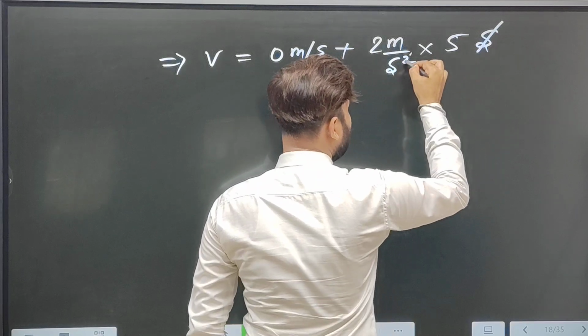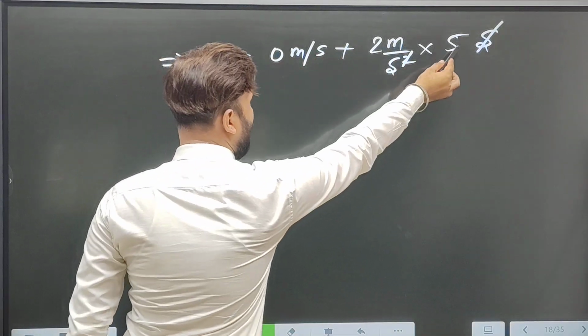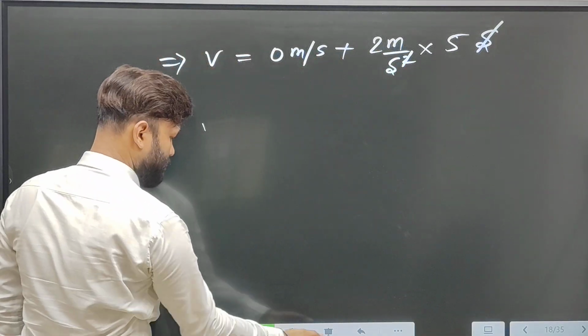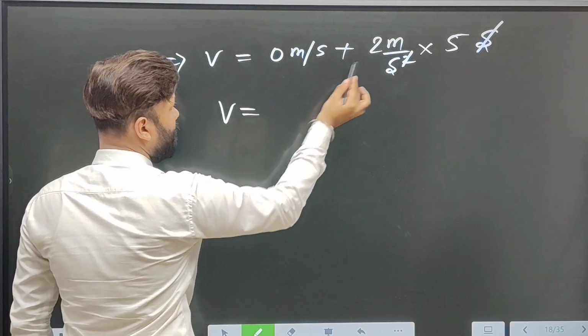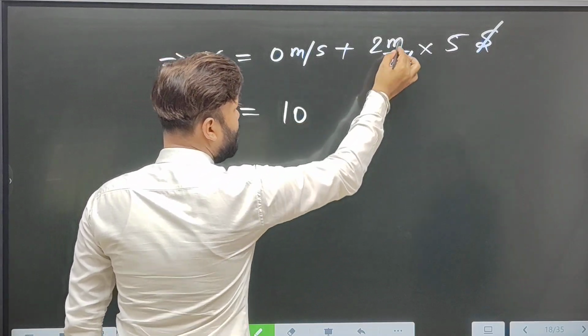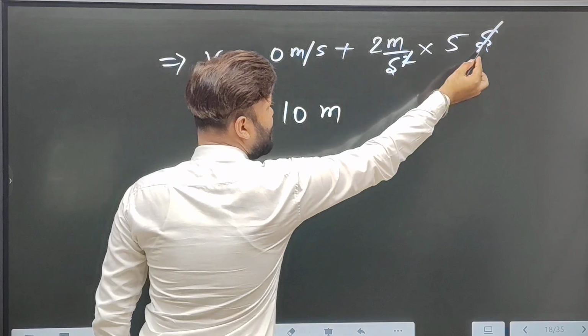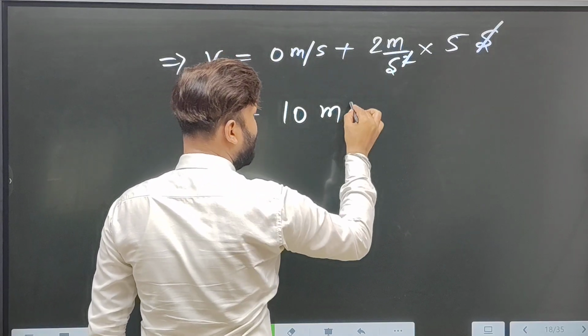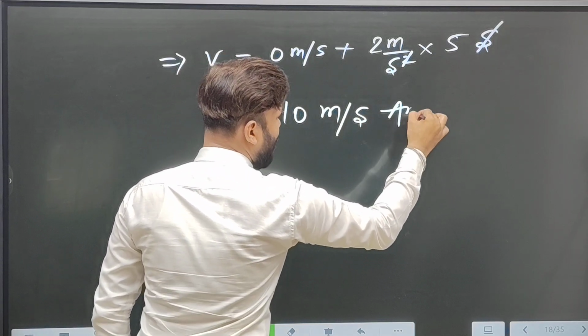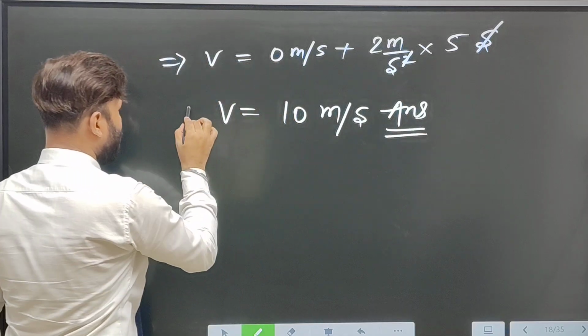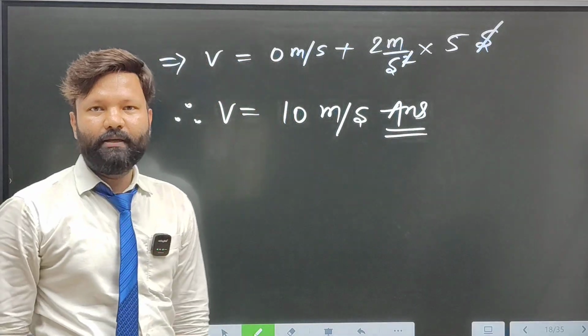Now 1 second and 1 second will get cancelled, so 1 second will remain. 5 twos are 10, 10 meter per second. So this is the final velocity of this question.